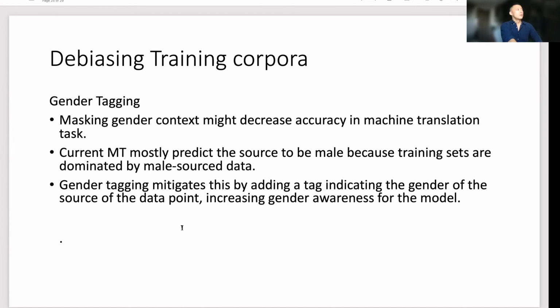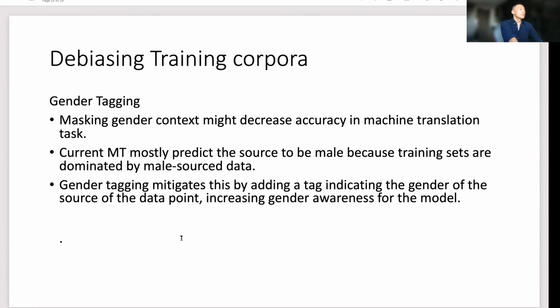What we found though is that MT, as in machine translation, mostly predict the source to be male because training sets are dominated by male source data. So when it doesn't know what gender it should be, it would just try to get something male related. Because there are more of those in the data.